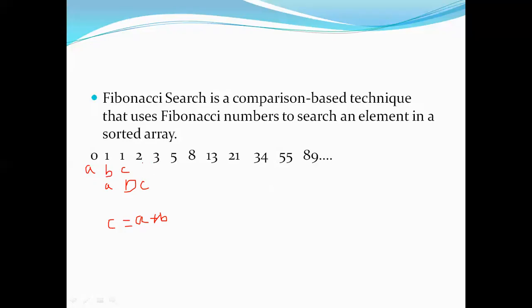That means B is transferred to A and C is transferred to B. Next time again the same shift happens. Like this, every time by exchanging A and B, we can add.